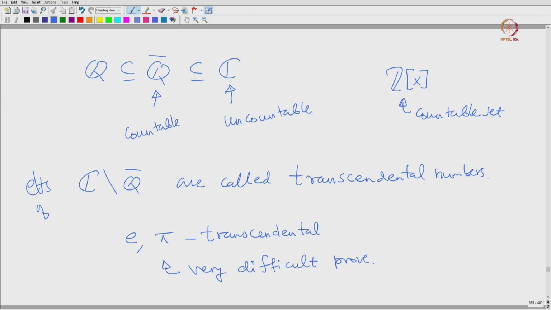But like I said, we are not going to get into this general field theory.